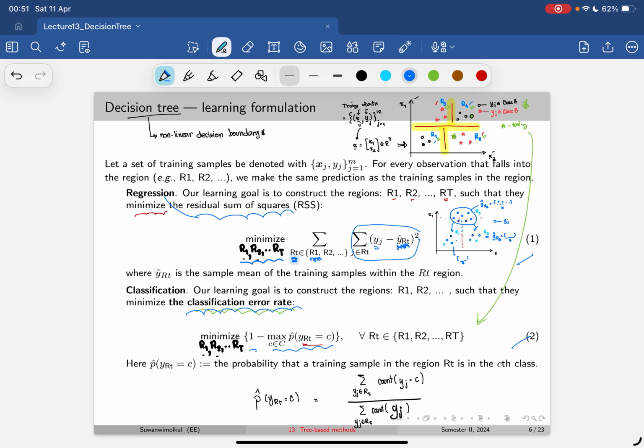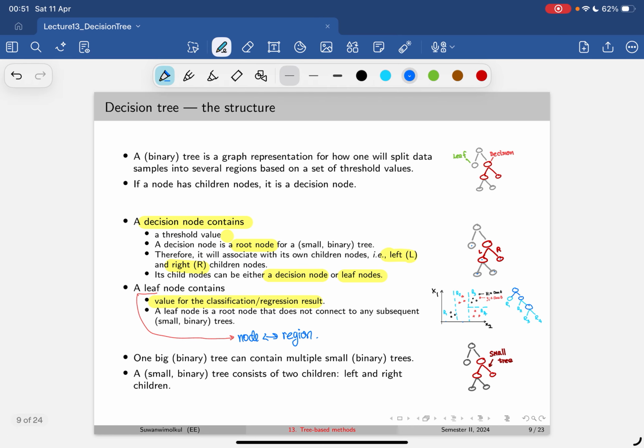Okay, so that is it, right? But now we will go over how we would build these regions if we wouldn't solve these two optimization problems.